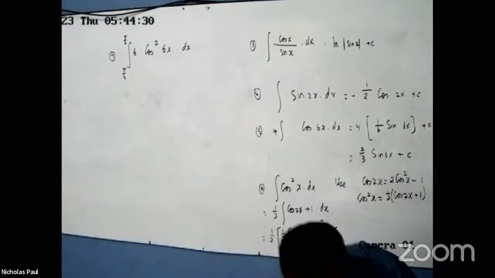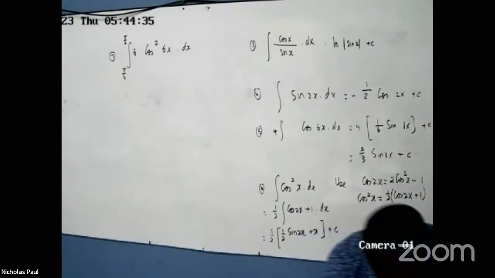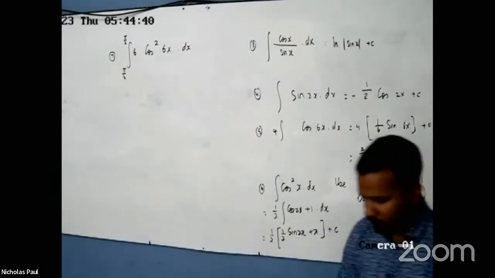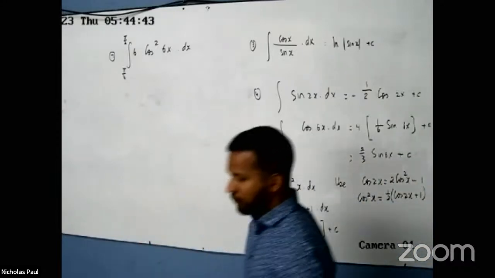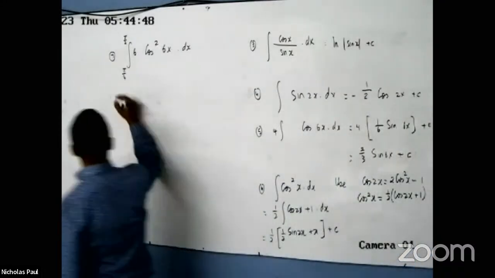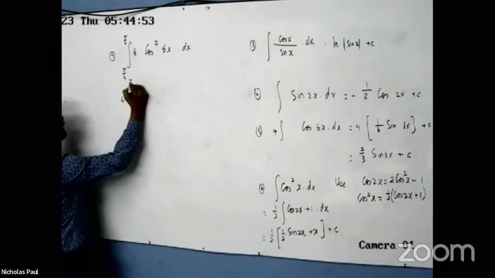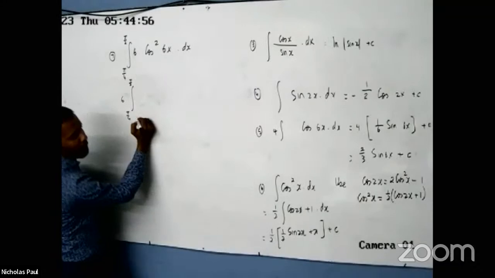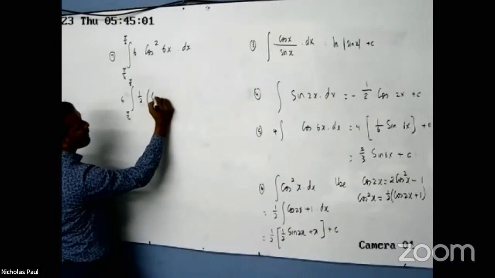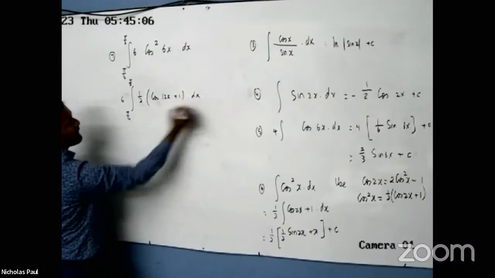We get the 6. All right, so what you'll get here, pull the 6 on the outside, you'll get the integral between pi on 2 and pi on 4 of a half by cos 12x, multiplying the angle by 6, plus 1 dx.